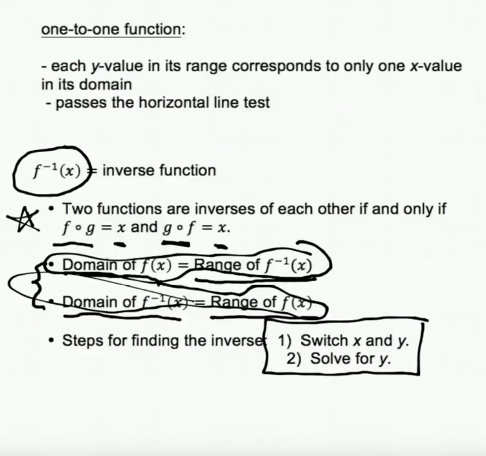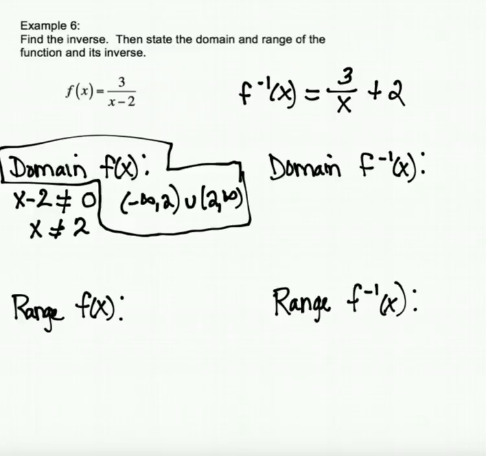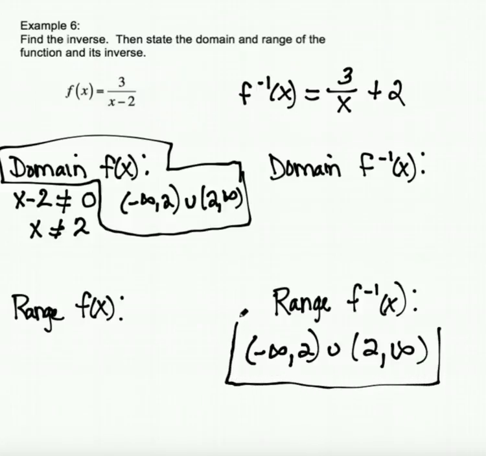So going back, I can now take this domain of my original and write it down here as the range of the inverse. So the range of the inverse is also negative infinity to 2, union 2 to infinity. So there's no work required. The range of your inverse is exactly the same as the domain of your original.